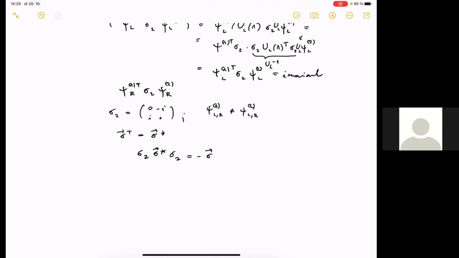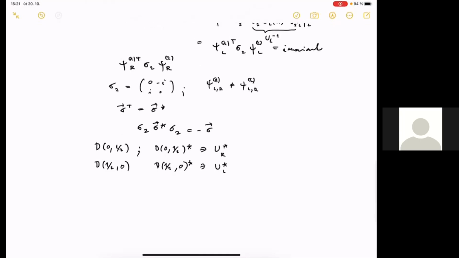Of course, you can argue that if I have the representation D(0,1/2), I have also a representation D(0,1/2) complex conjugated. Simply, the corresponding matrices are complex conjugated of the right-handed matrices. And again, it is a representation. Analogously, if I have the left-handed representation, I can form the complex conjugated left-handed representation, which corresponds to complex conjugated left-handed matrices. So let us show that in fact this complex conjugated right representation is equivalent to the left representation and vice versa.